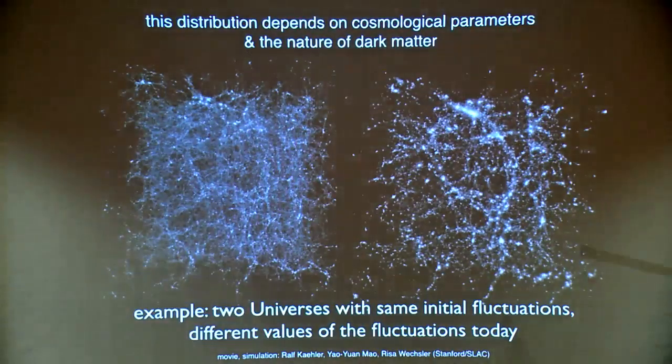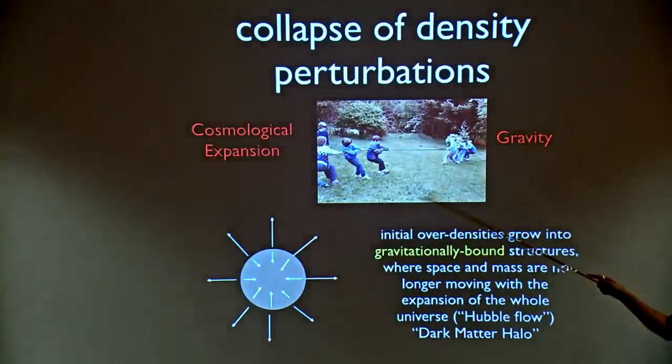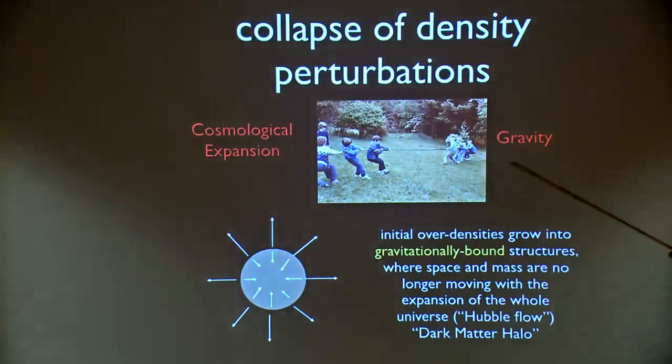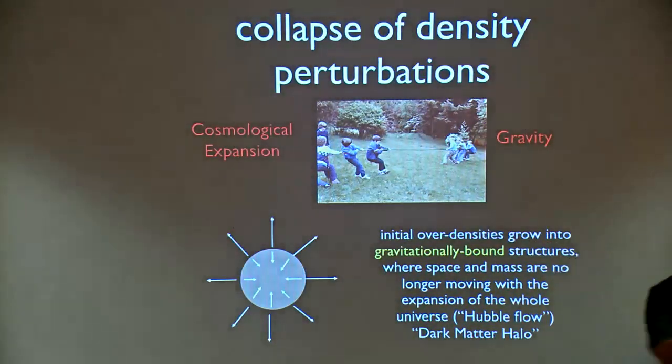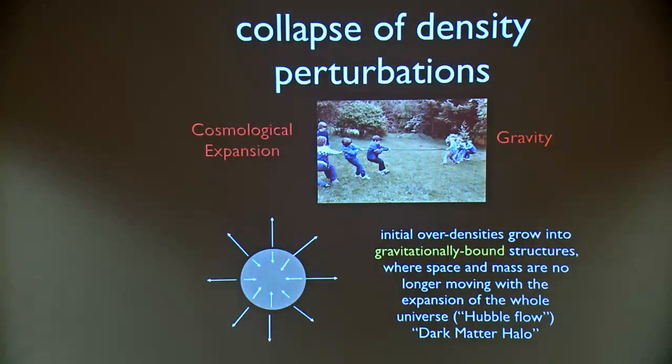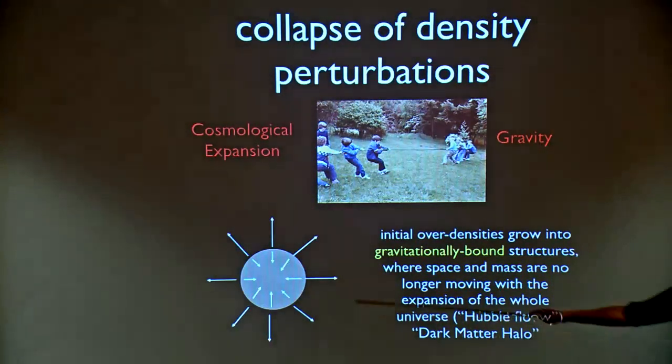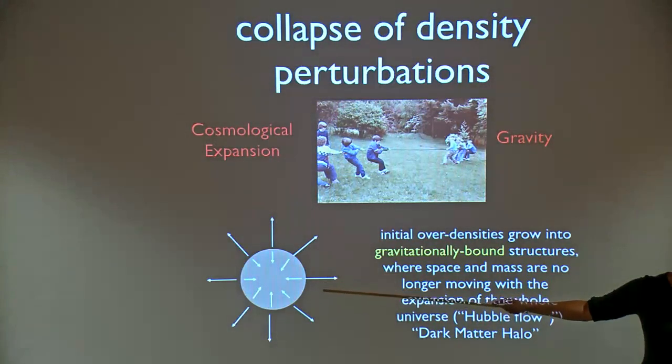So one of the things that you noticed in these movies is that you can see these clumpy regions, which started out just being kind of fuzzy. Some of them collapsed, and it's like a tug of war in these collapsed regions between gravity and expansion. So you have expansion pulling everything apart, gravity pulling everything together. But in some regions where you had initially a little bit more stuff, gravity wins in the end.